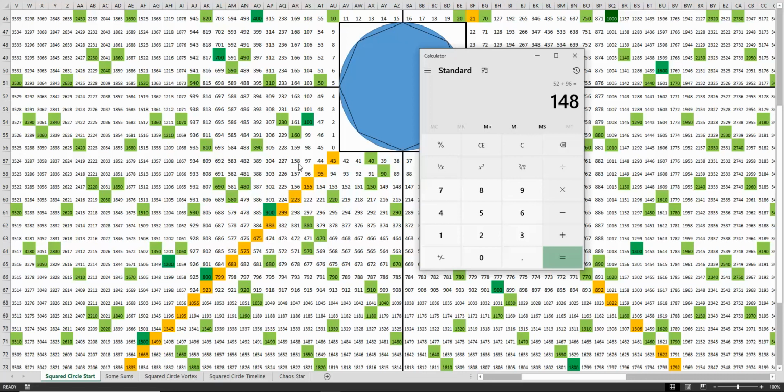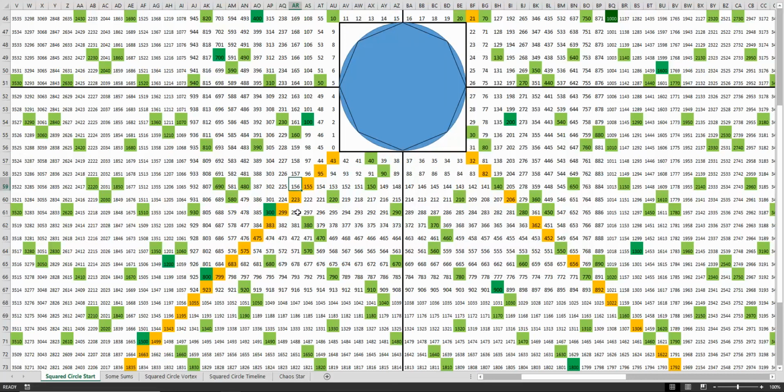So we have 96, the difference between 44 and 96, which is 52, that gives us 148. We can add 8 to that, and it will give you 156. You take the difference between 96 and 156, add that to 156 plus 8, it'll give you 224. The difference between 156 and 224 plus 8 will give you 300.